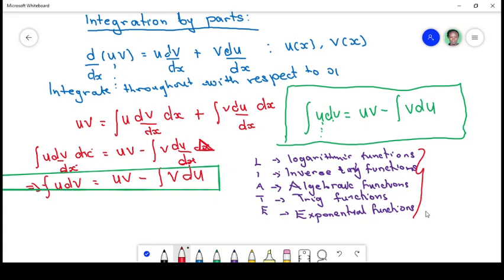So if I have a combination of a log and an algebraic function, I can choose my u to be any of the functions that come first here. So it will be easier for me to choose the log as u, and my dv as the algebraic function.